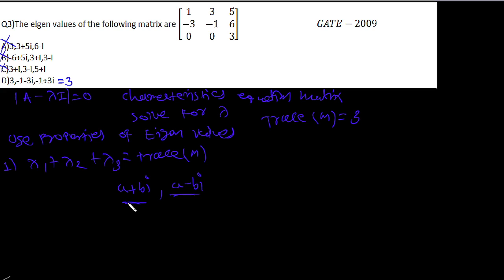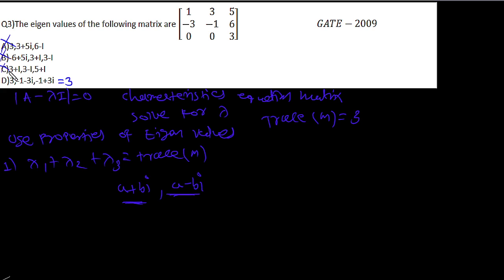It must be. Okay, so from the options you can see that in option A there are two imaginary numbers, but they are not complex conjugates of each other. So option A is not the right choice. From option B you can see that it is also not the correct answer.